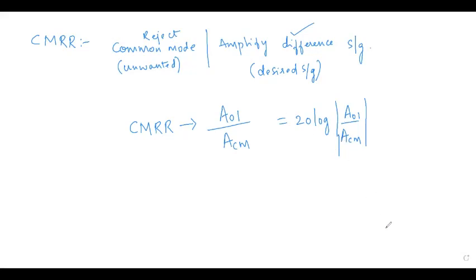Coming to the next one, input offset voltage. So ideally, the output of an op-amp should be 0 if the input is 0. It means if you are not applying any input, then of course the output should be 0.